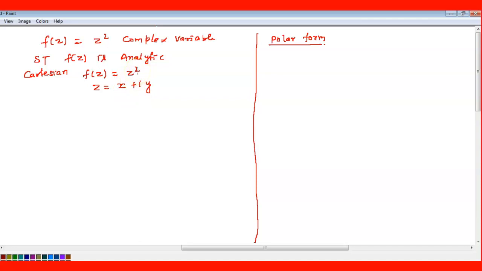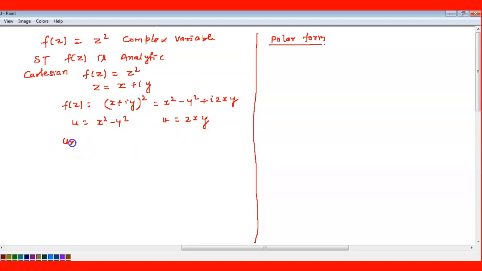The real part I consider as u, and the imaginary part as v. So f of z equals x plus iy whole square, which I can expand: x square minus y square plus i into 2xy. So u equals x square minus y square, and v equals 2xy.